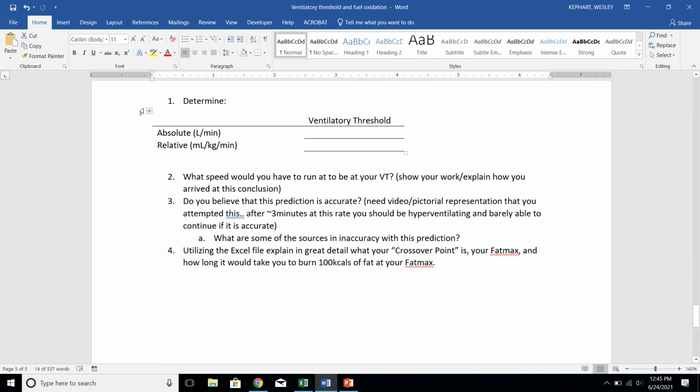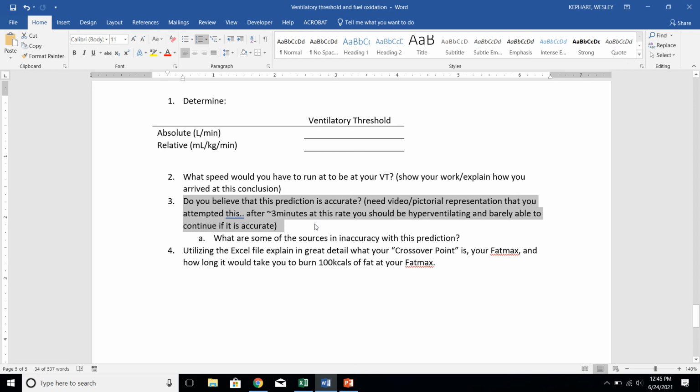So you should be able to figure out your ventilatory threshold there. After that, what speed would you have to run to be at your ventilatory threshold? So that's just using Excel to guess and check. And then try to do this for 3 minutes and tell me if it's accurate.